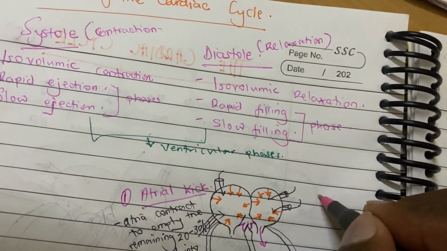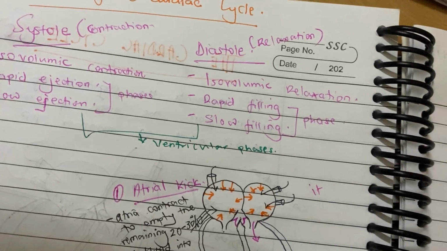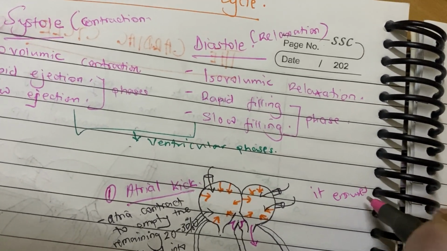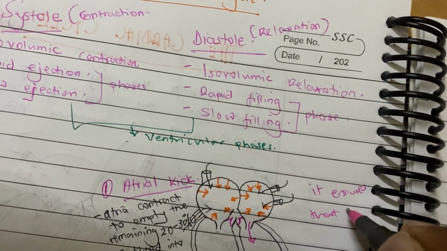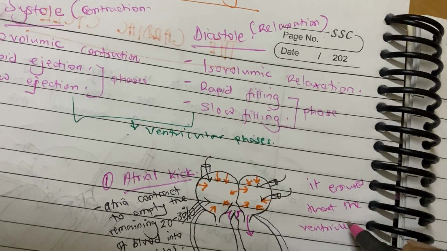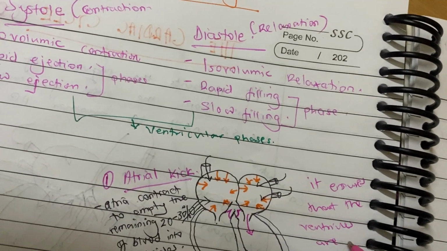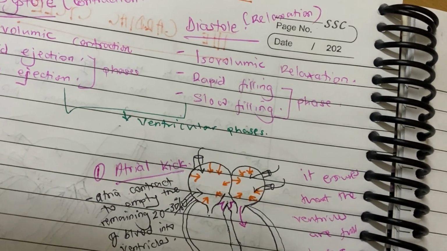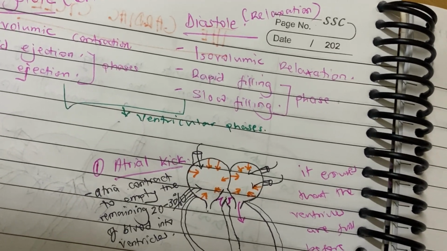Phase 1 ensures that the ventricles are full before contracting.